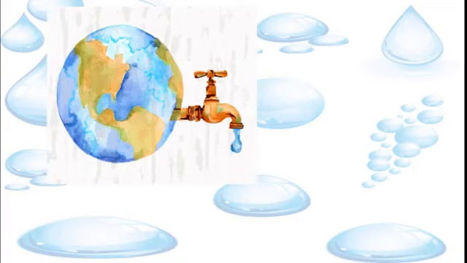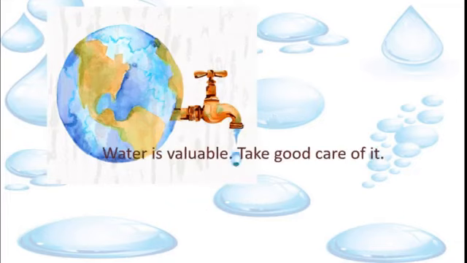A lot of money is spent for this work. Hence, potable water proves to be an expensive substance. We must take care of water just as we take care of our other valuables. Yes, dear students, so water is valuable. Take good care of it.